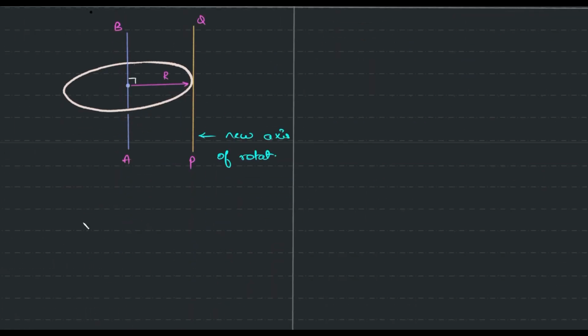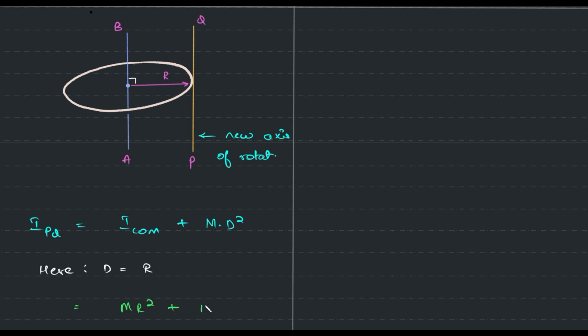So as per the parallel axis theorem, the inertia along PQ will be the inertia along the center of mass, which is nothing but your AB, plus the total mass of the object and the distance covered. The axis has got displaced here, d is equal to r, and M is M. And we just found this, so this is mr square.